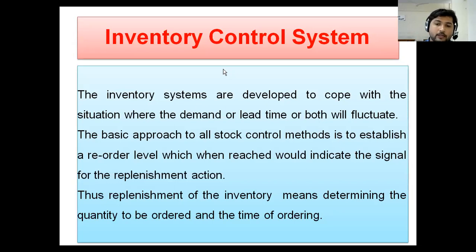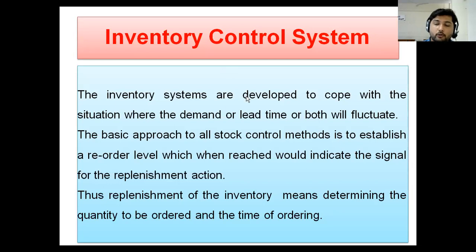And what is meant by replenishment action? Replenishment means determining the quantity to be ordered: how much quantity you have to order and when you have to order it. So the replenishment of the inventory means determining the quantity to be ordered and the time of order.